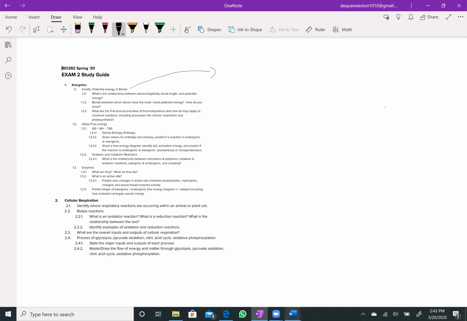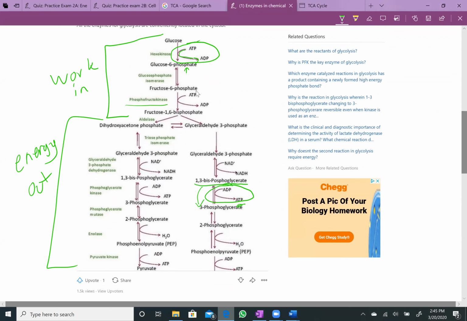So when the glucose molecule comes down, there's 2 stages: the work in stage, and then energy out. In the work in, your glucose is going to go through these reactions, and it requires 2 ATP.